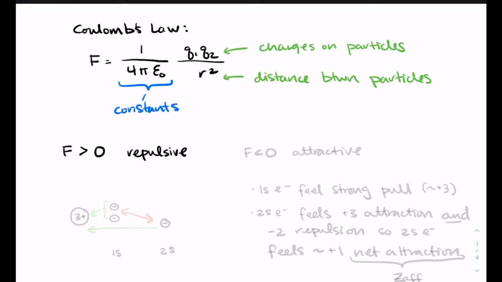In something like lithium, so we'll start kind of small, I've got 3 protons in the nucleus. Then I've got 2 electrons in the 1s orbital, 1 electron in the 2s orbital. That 2s electron is farther from the nucleus, it's at a higher energy level.